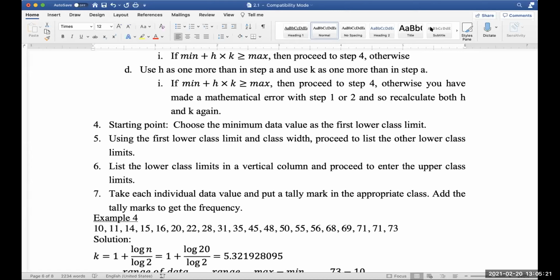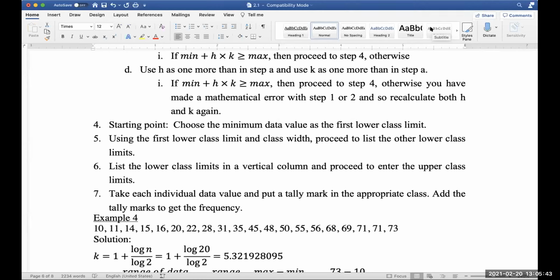So I have 0 to 50, and I want 10 classes of what size? You should do 0 to 5, 5 to 10, 10 to 50. Okay, let's do it a little smaller.